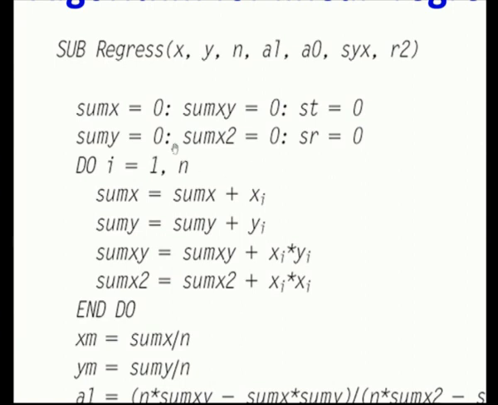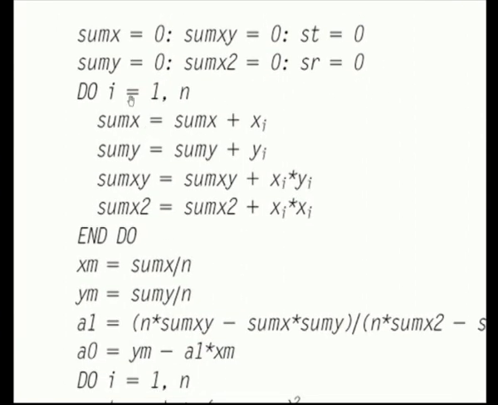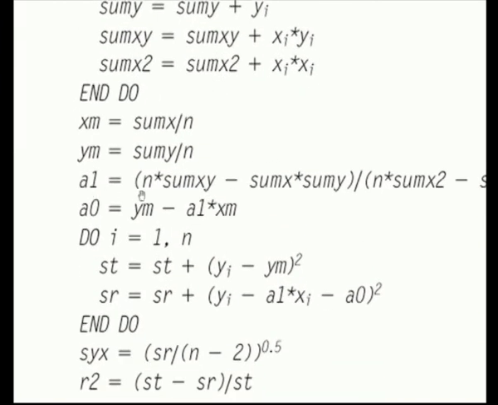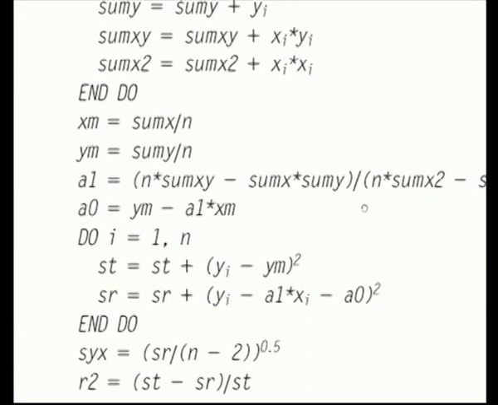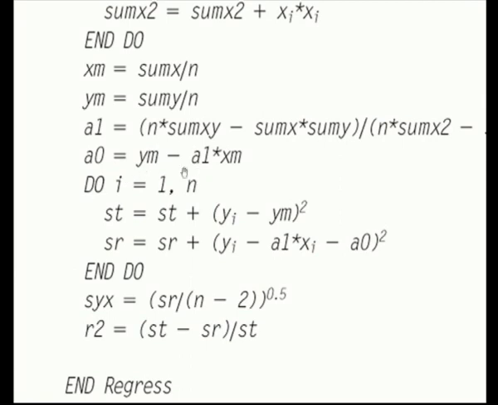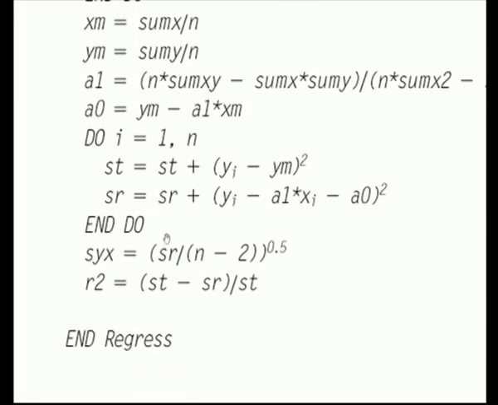So, the variables are initialized, and for the first point to the last point you do this calculation, and compute x mean, y mean, and the first term: n times sum xy minus sum x times sum y, divided by n times sum x squared minus sum x whole squared, and similarly the constant is ym minus a1 times xm. You also compute the standard deviation in the regression line, which is not recorded here. Ultimately, you will compute a naught and a1, and return them.